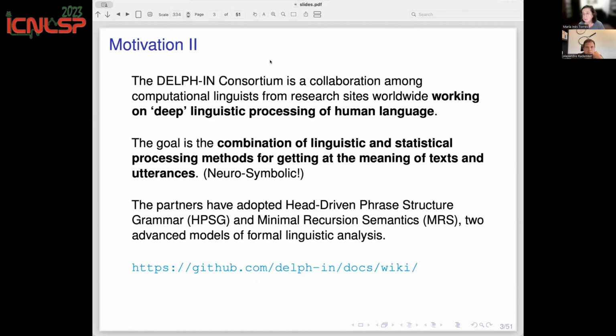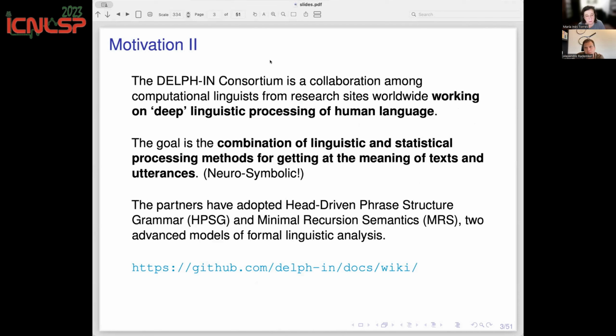But the work that I present here is based on tools and techniques developed by the DELPH-IN project, a consortium with many different research sites that works with deep linguistic representation of human language. Somehow they were already using the nowadays very common name, neurosymbolic, right?